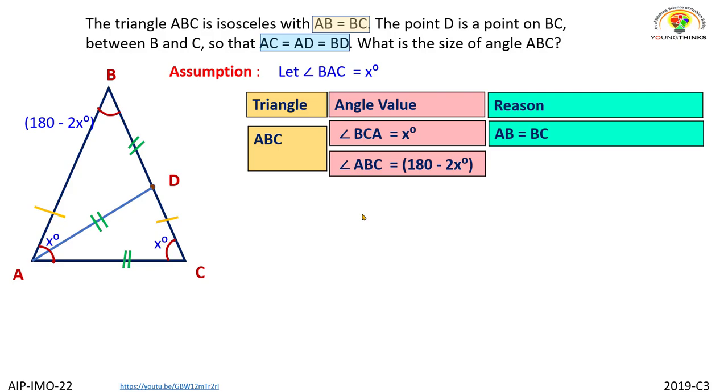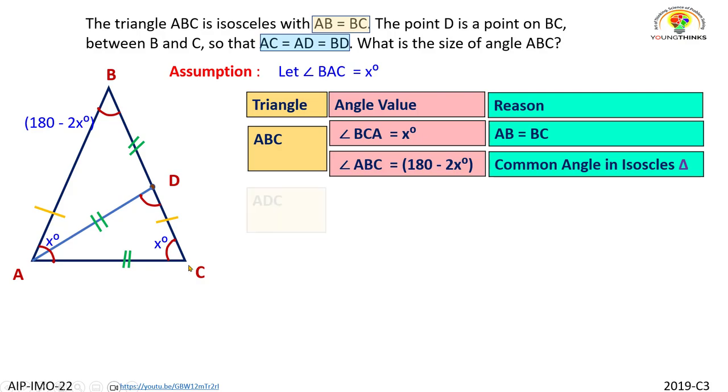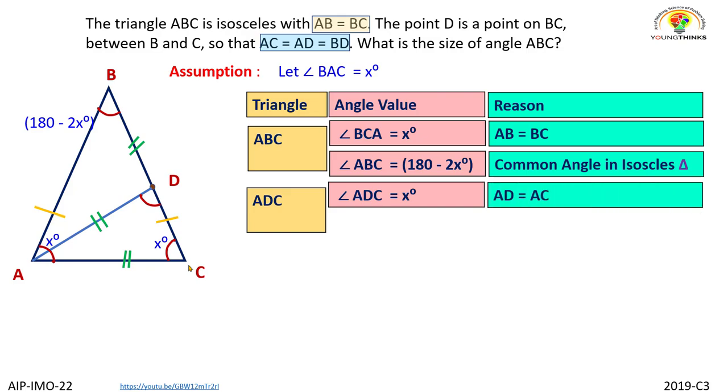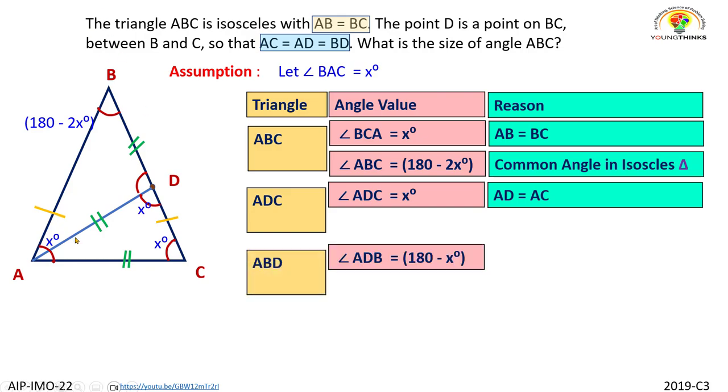Next, if you look at angle ADC, because these two sides are equal, these two angles are equal as well. So angle ADC is going to be the same as ACD, which is x degrees, because it's an isosceles triangle. Similarly, to find angle BDA, from a straight line of 180 degrees, if I subtract x, angle BDA is 180 minus x.